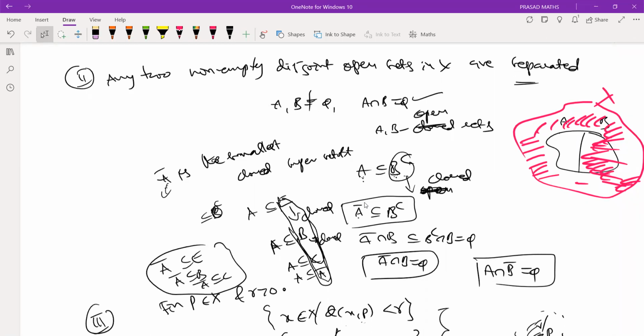So B complement is after all a closed superset of A, but you know that A closure is, among all the closed supersets, the least, the smallest.